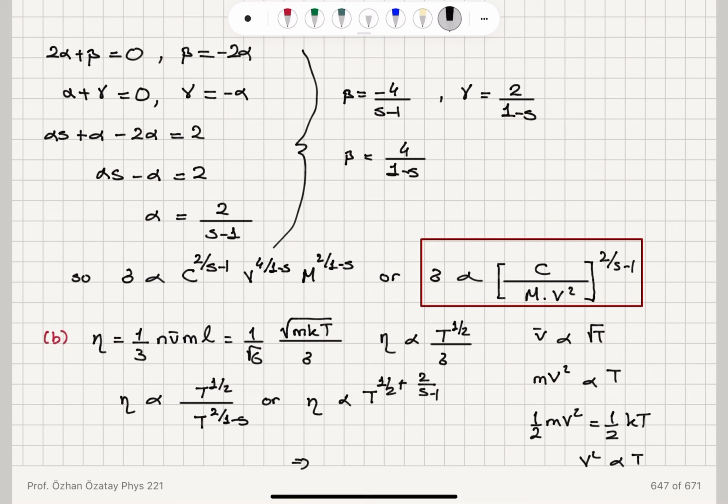So this gives us a temperature dependence as T to the power s minus 1 plus 4, which is s plus 3, divided by 2 times s minus 1.